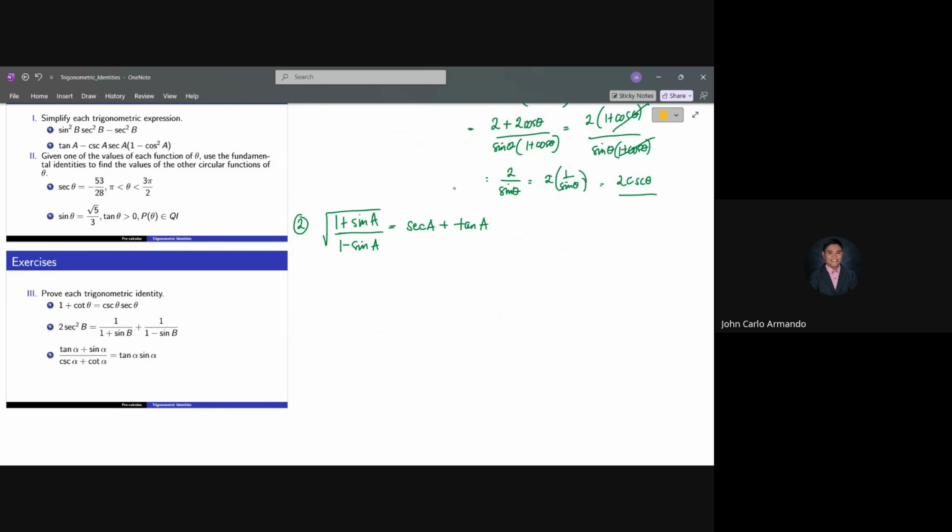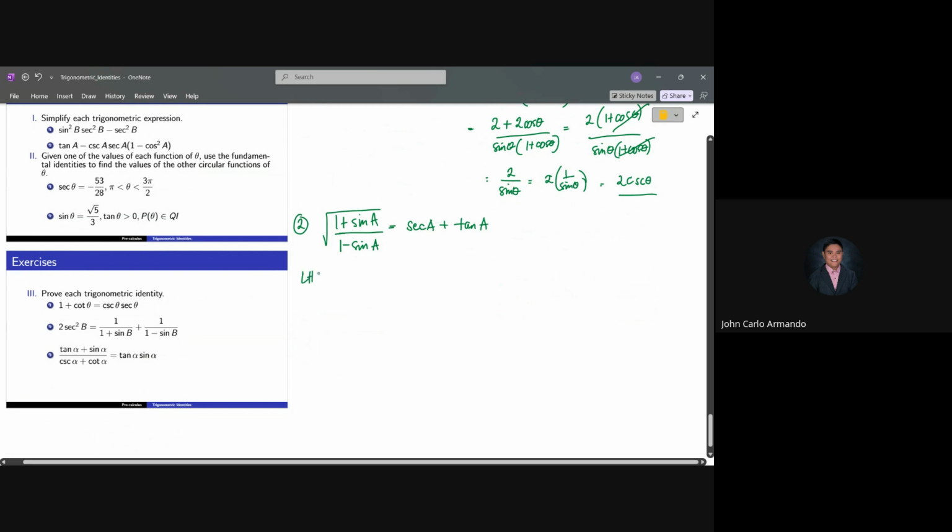It is hard to get an expression with a square root if you manipulate the right. So we do the left. So left-hand side.